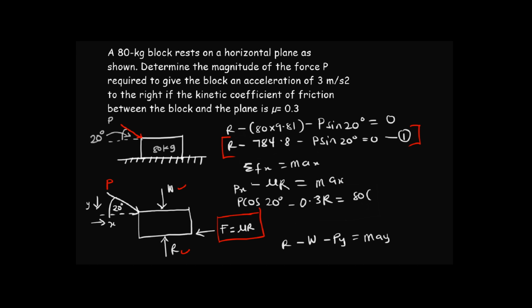So let me write this again. Now let's simplify this. You're going to have P cos 20 degrees minus 0.3 R equals 80 times 3. So this will be equal to 240. So this will be my equation 2.